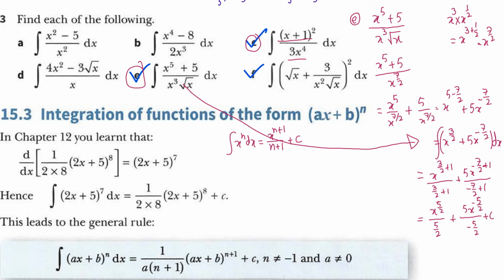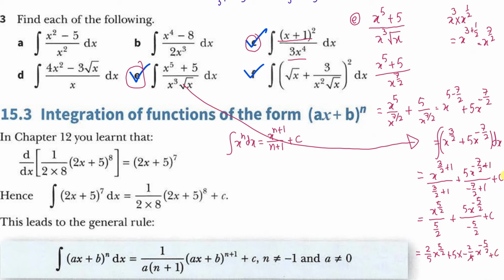After integration, we need to keep a c. Now finally you can write it as 2 by 5, because the denominator given is 5 by 2, and it goes up as a reciprocal, x to the power 5 by 2, and another part plus 5 into minus 2 over 5, and x to the power negative 5 over 2 plus c.